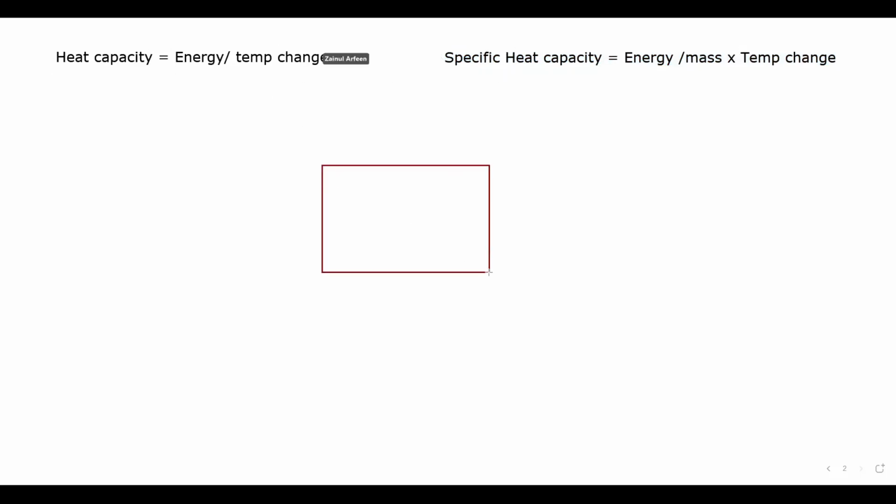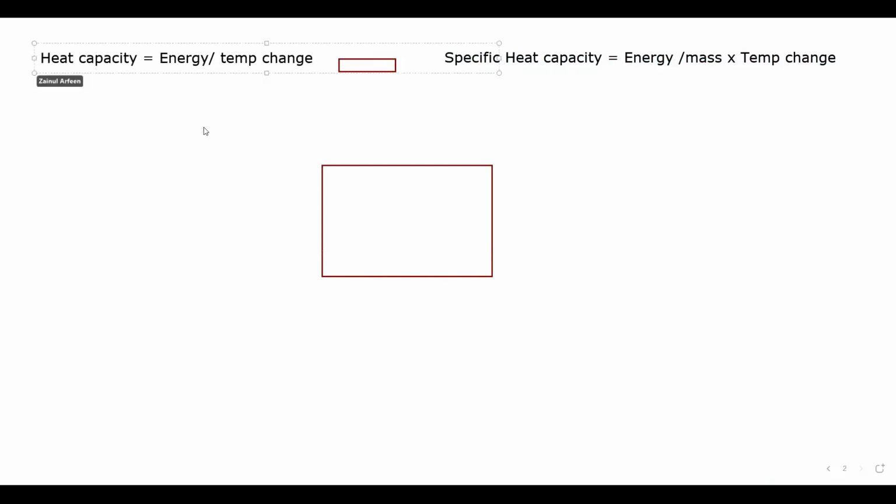If I say I have an object which has a mass of 50 kilograms, we supply heat energy of 10,000 joules, and we observe its temperature.